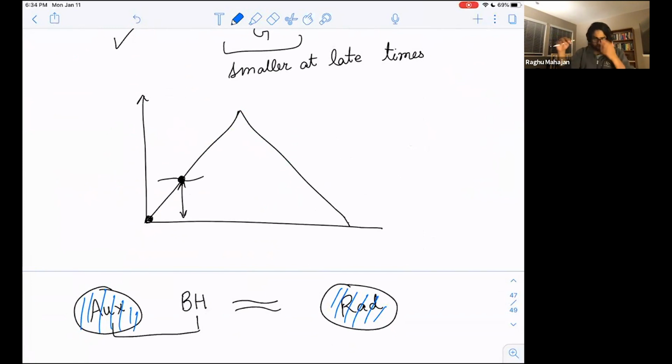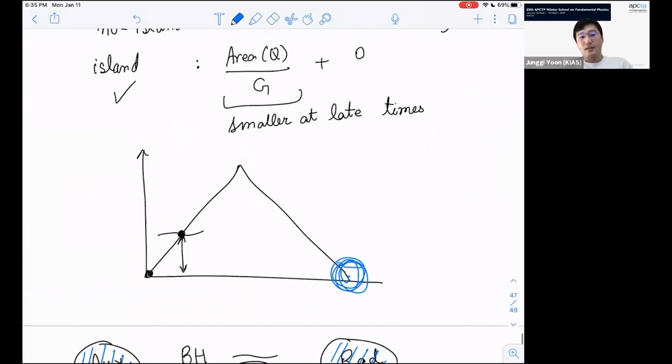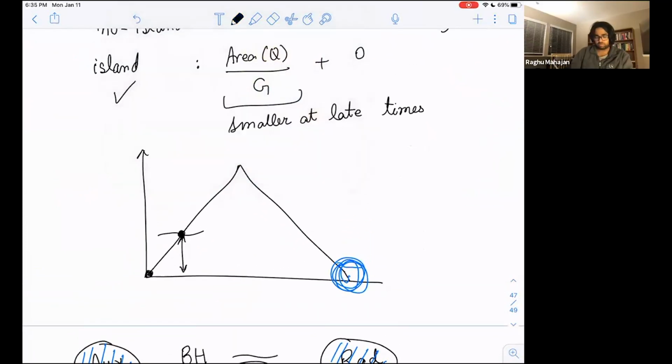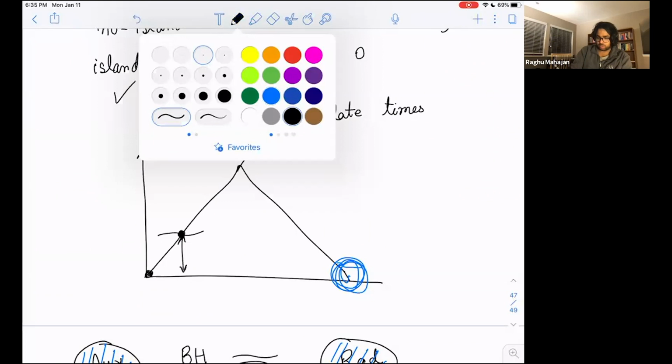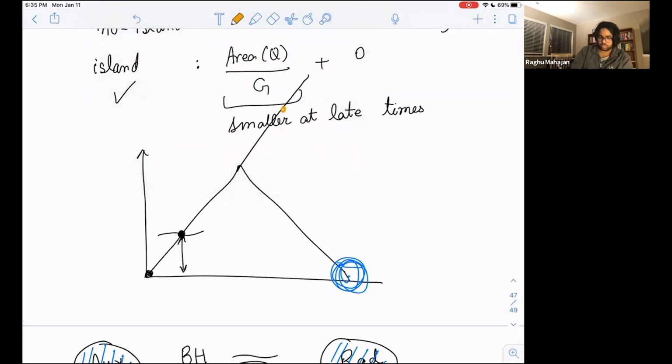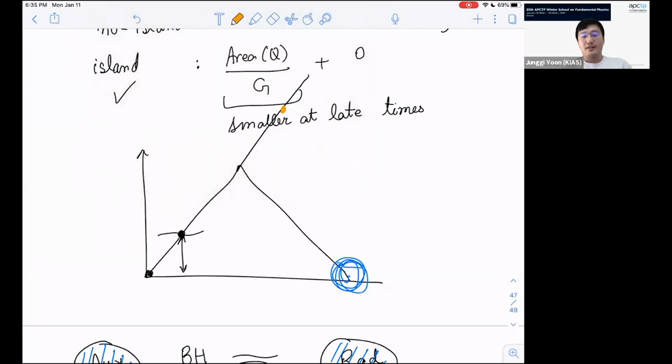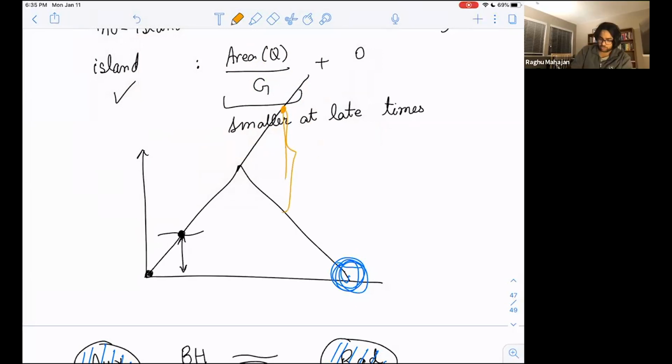But at some point, the computation will break down because the singularity is too close or something like that. So we don't know what happens in this very end stage. We can't compute the detailed form of this curve. But what I want to emphasize is that there was a paradox already at this point. Hawking predicted the answer would keep going up, and we managed to save this much of entropy.